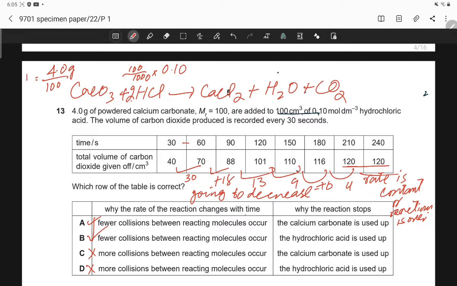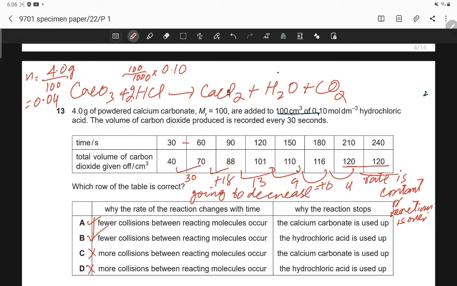Now we need to calculate the moles of calcium carbonate and hydrochloric acid. 4 divided by 100 is equal to 0.04 mole of calcium carbonate.